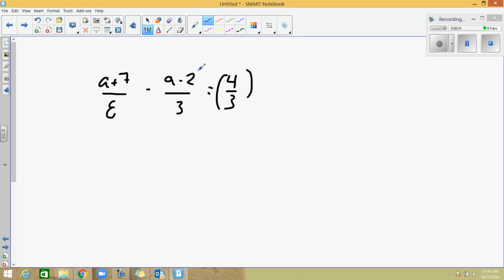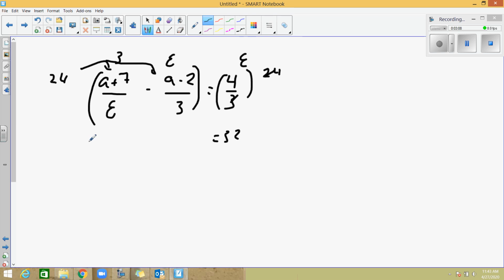I'm going to take both sides times the common denominator of every single one. So 8 and 3 is 24. When I distribute here, it reduces, I get left with a 3. When I go over here, it comes back out and it goes to 8. These guys reduce. When I distribute, it leaves me with 8. So on the right side, I get 32.